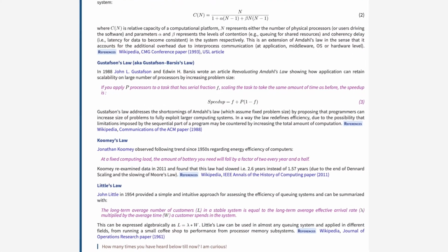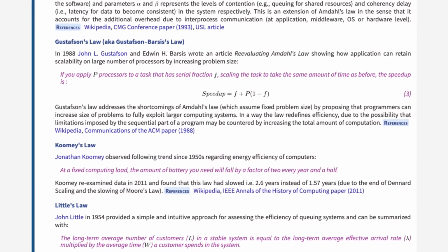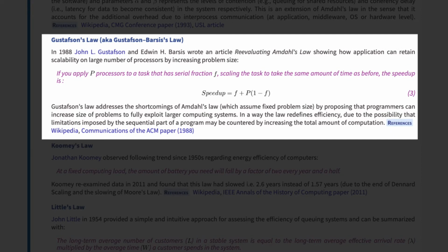John Gustafson in 1988 addressed a shortcoming of Amdahl's law by showing how applications can retain scalability on large computing systems.